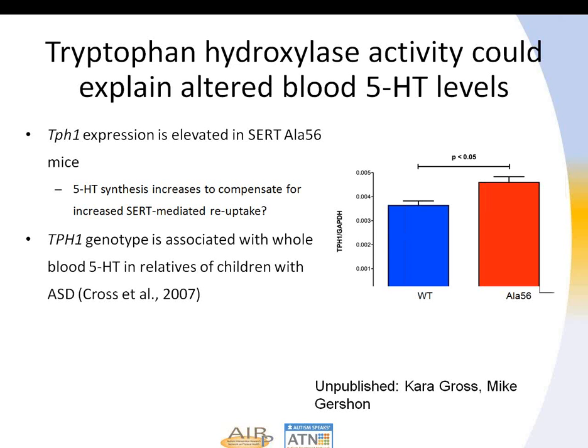In contrast, Kara and Mike Gershon have been able to demonstrate that there is a change in expression of tryptophan hydroxylase 1, which is responsible for the synthesis of serotonin in the enterochromaffin cell, which may suggest that this is actually something where the serotonin transporter's activity in the gut leads to a change in serotonin synthesis in the gut, and then an increased release of serotonin into the peripheral circulation.